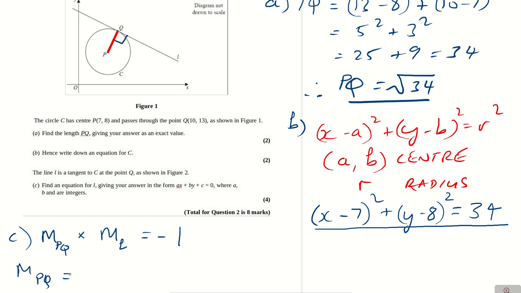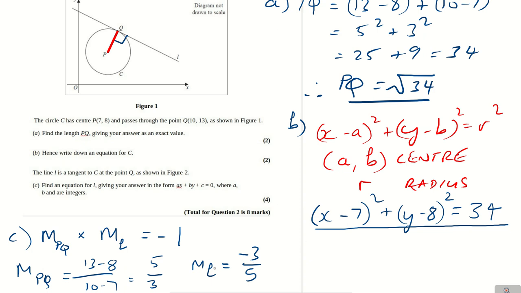It's just the change in y over the change in x when we go from P to Q. So it's 13 minus 8 over 10 minus 7, which is 5 over 3. And what that means is the gradient of the line must then be -1 divided by 5 over 3, which comes to -3 over 5. A quick way of doing it is just to turn the fraction upside down and change the sign.